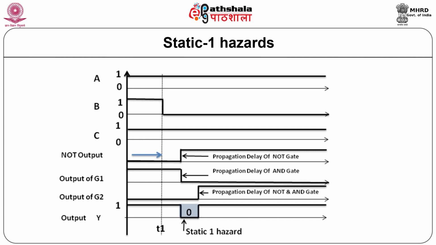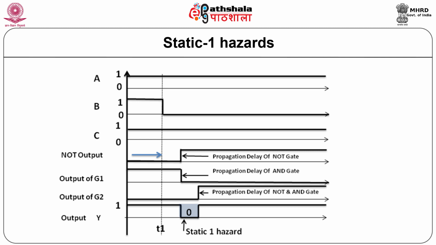At time t is equal to t1, an input variable B changes its state from 1 to 0. Due to this change in the input condition, the gate output will also change. The G1 gate goes from 1 to 0 after finite propagation delay, and output of gate 2 G2 changes from 0 to 1 only after the propagation delay of NOT gate and AND gate delay.